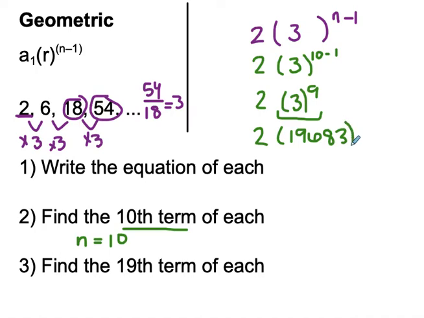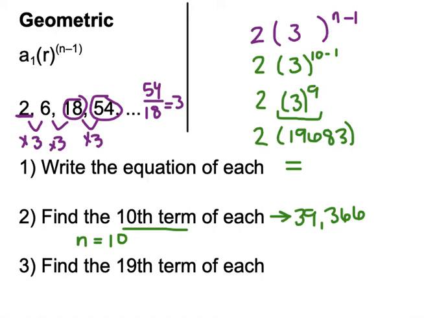And all that we have left is to multiply that by 2, which is going to give us 39,366. So remember that geometric correlates with exponential, so our numbers are going to get really, really big the higher the term.